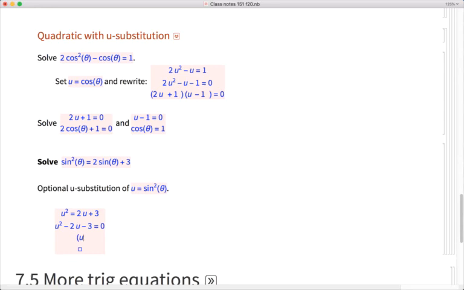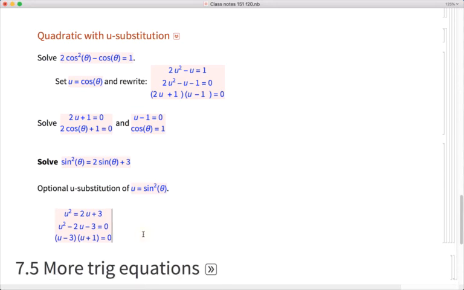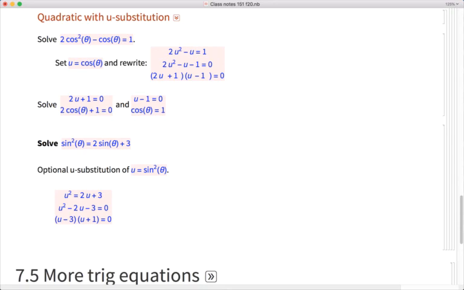This looks like u minus 3 and u plus 1 equals 0. Okay, so that leads to two separate equations to solve. The two separate equations are u minus 3 equals 0 and u plus 1 equals 0.